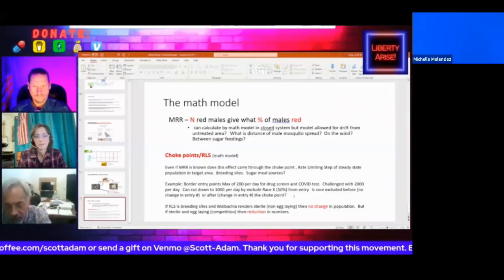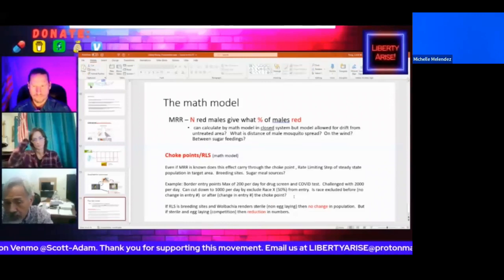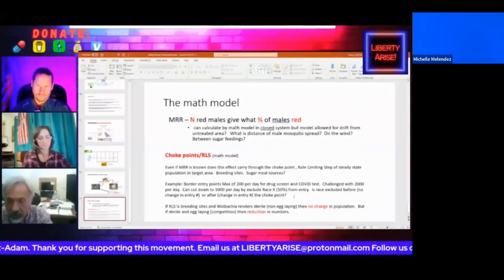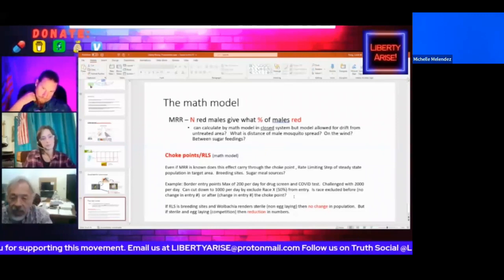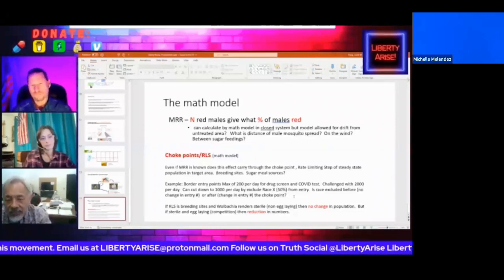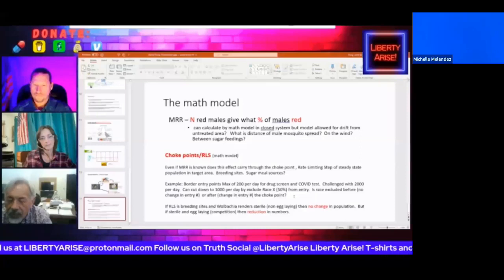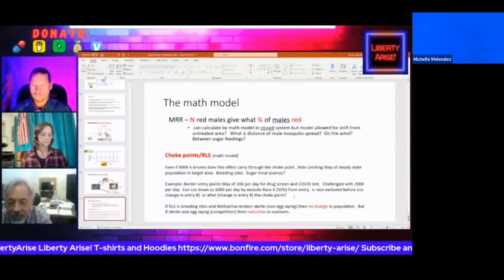It's your facility. Why do you only allow 200 a day? You got to do drug screening. You got to do COVID testing. You got to do background check. So I can only do 200 a day, okay? But how many people are challenging my border? 2,000, okay? And I'm only going to let through 200 a day based on my criteria.